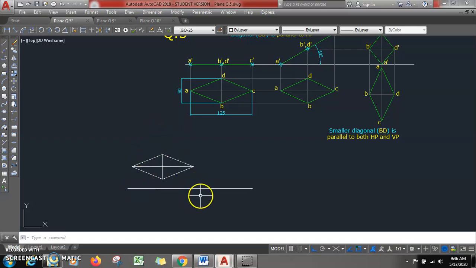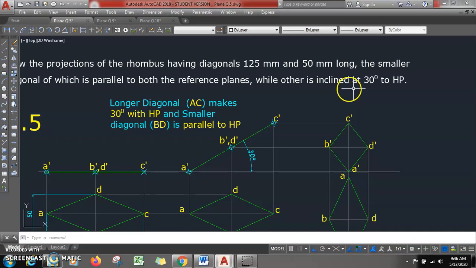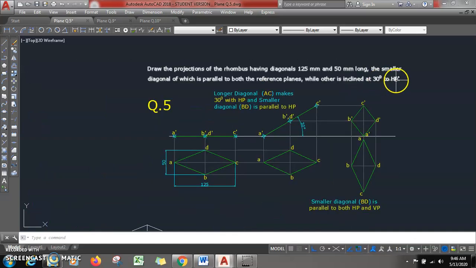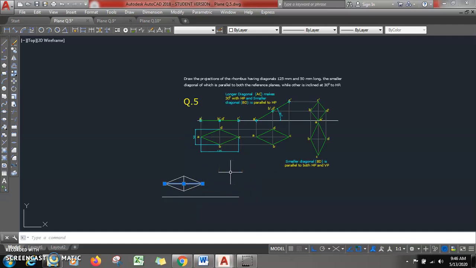So if we draw the projection, for the second step, the angle of the longer diagonal is nothing but the angle of the plane here, and the angle of the longer diagonal is 30° to HP. Means for the second step we have theta plane.